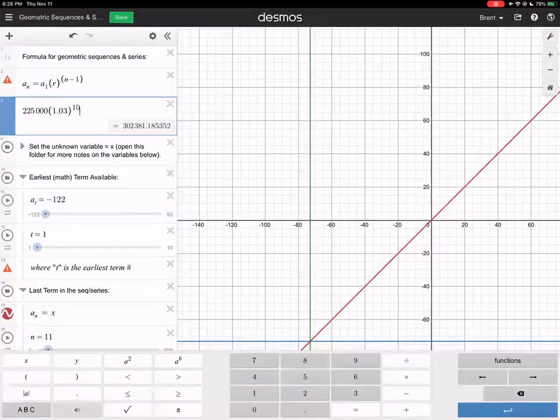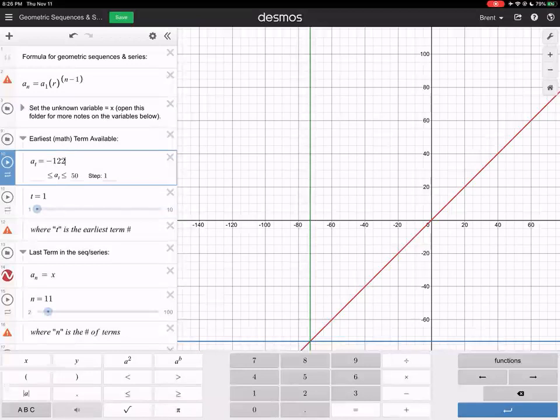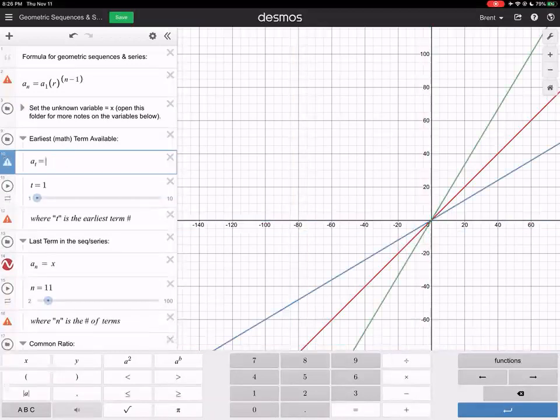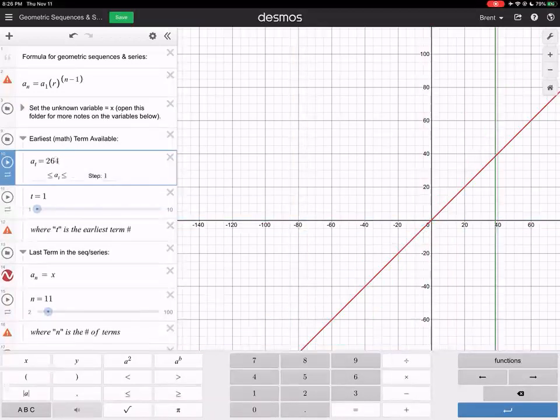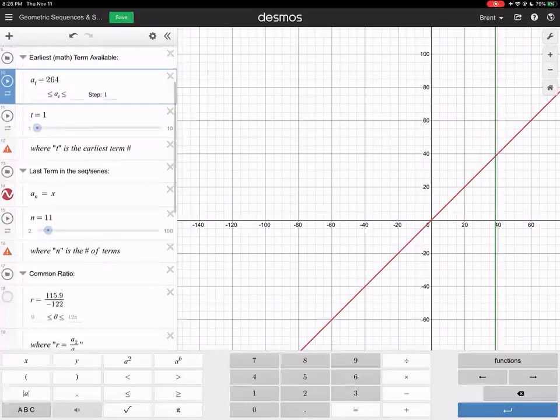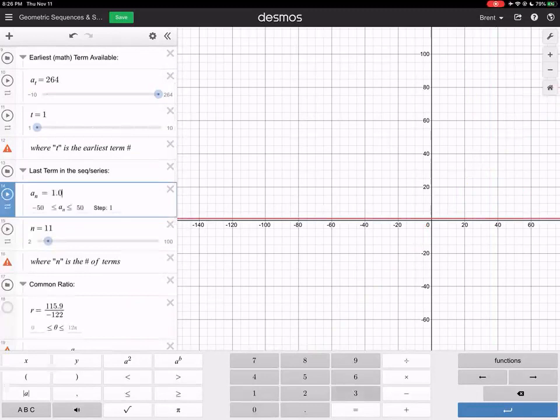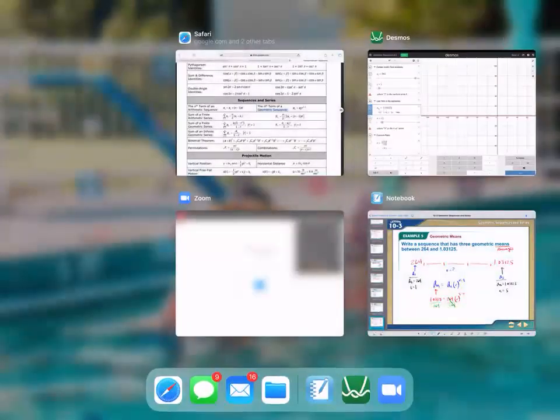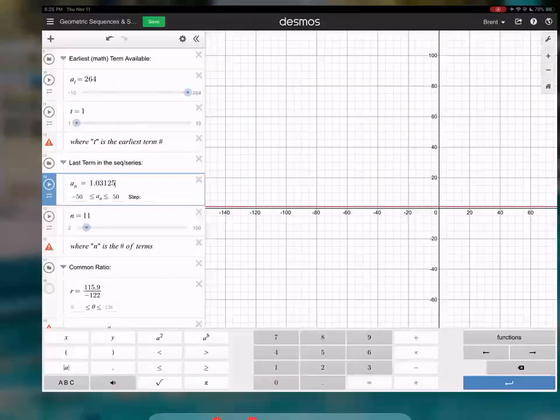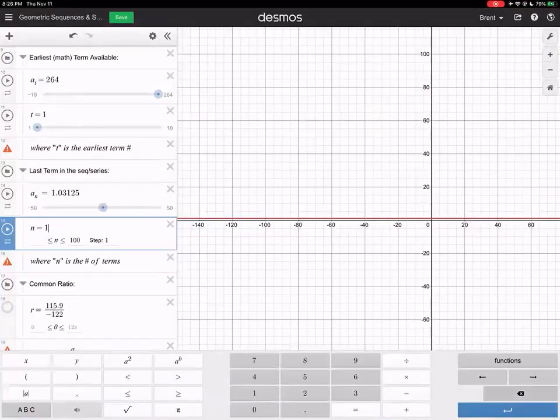So calculator. Our AT was 264, if I remember right. We'll know if we get bad answers that I messed up. It was the first term, so we leave T as 1. The last term we know is 1.03125. If I got my numbers right, I'm going to check that one. 1.03125. Yep. And it was not the 11th term, though. It was the 5th.